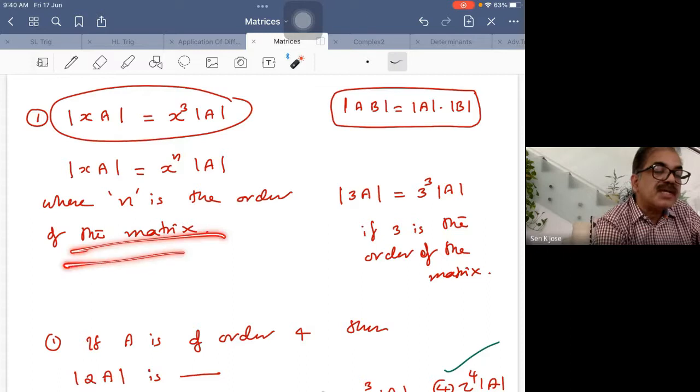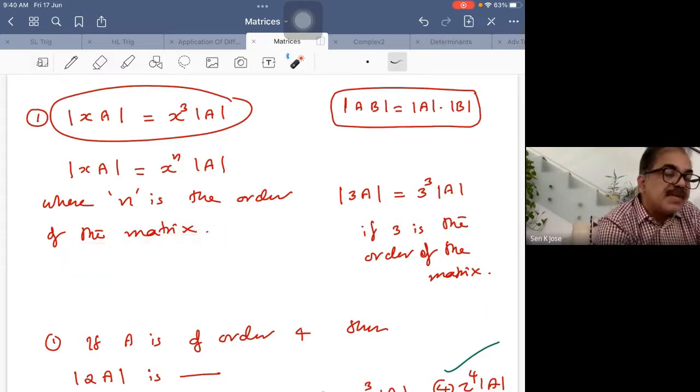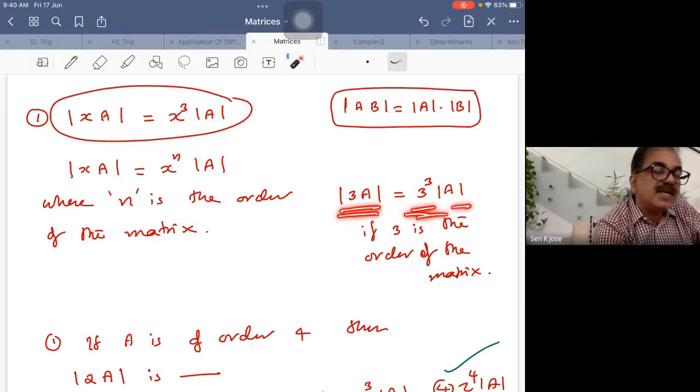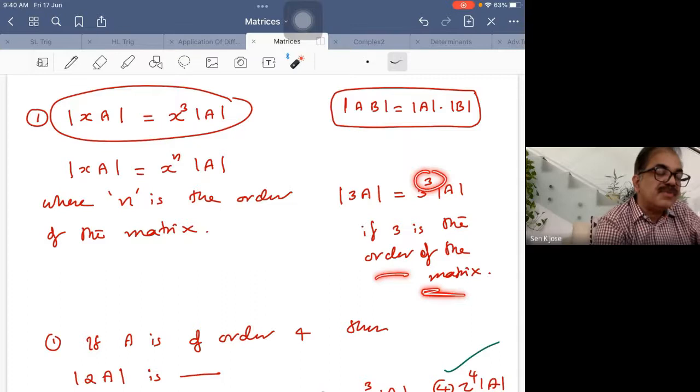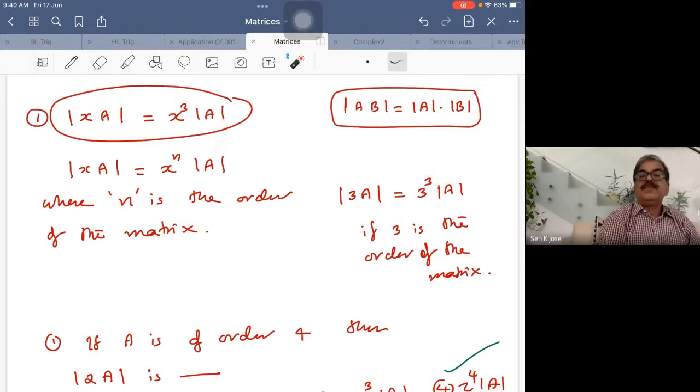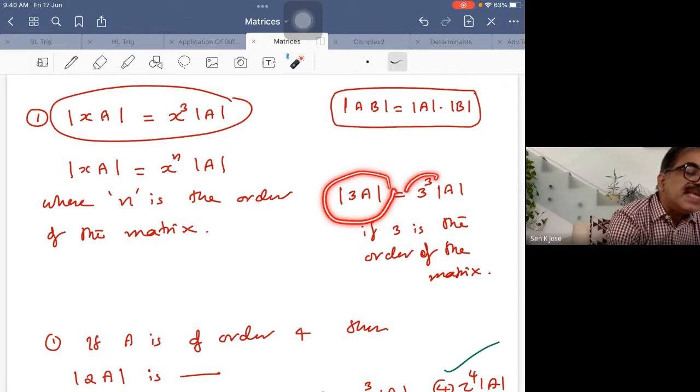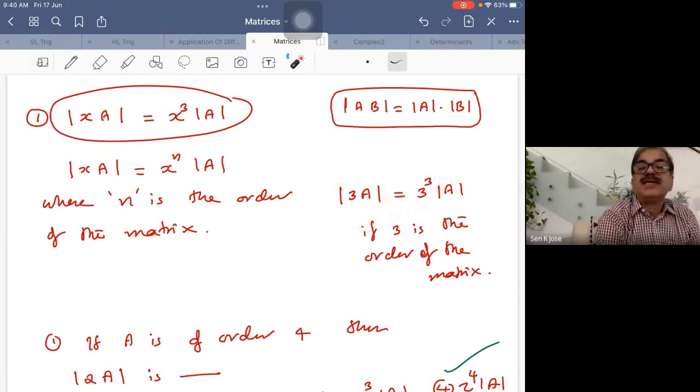I think you should write it down. As an example, determinant of 3A will be 3 cubed times determinant A, where this power 3 is the order of the matrix. If the order of A was 2, it would have been 3 squared into determinant A. Does that make sense to all of you? Yeah.